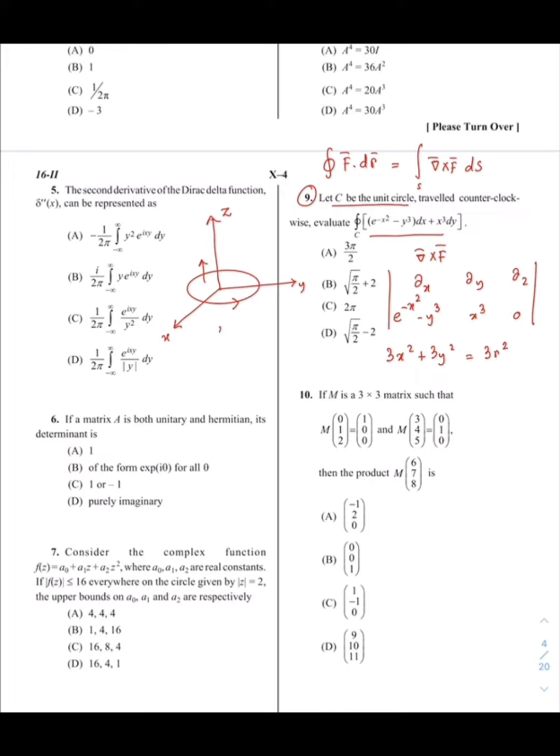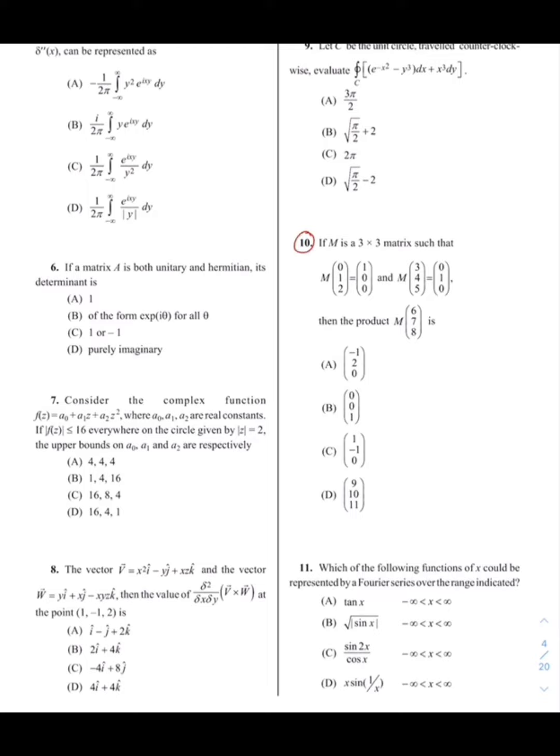Now we do the surface integral of 3r squared. The surface element would be 2 pi r dr, since this quantity does not depend on theta, and the integration limit would be 0 to 1. So let's do this integral. This is 6 pi times r to the power 4 divided by 4, evaluated at 1 and 0. So this simplifies to 3 pi by 2. So the first option is the correct one.